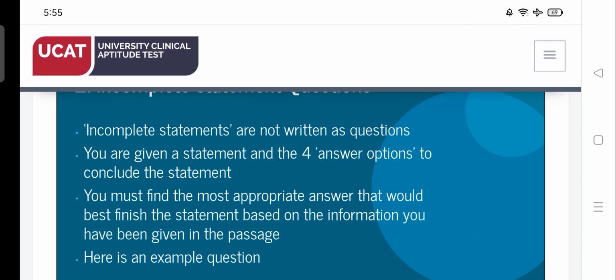Only the statement is given, which is not complete. You can complete it by choosing the right statement from the options. Four answer options will be given to you in that type, and you have to choose the one correct one.